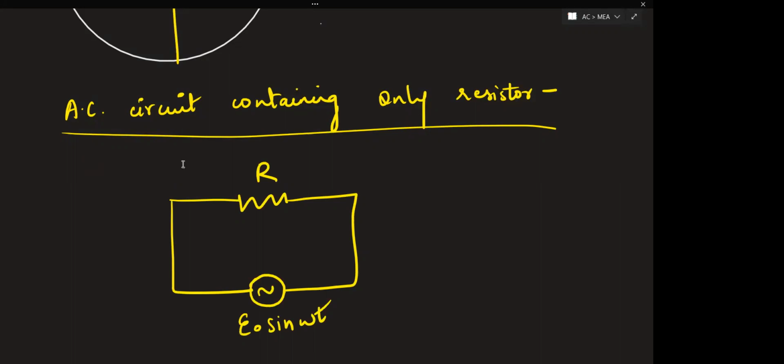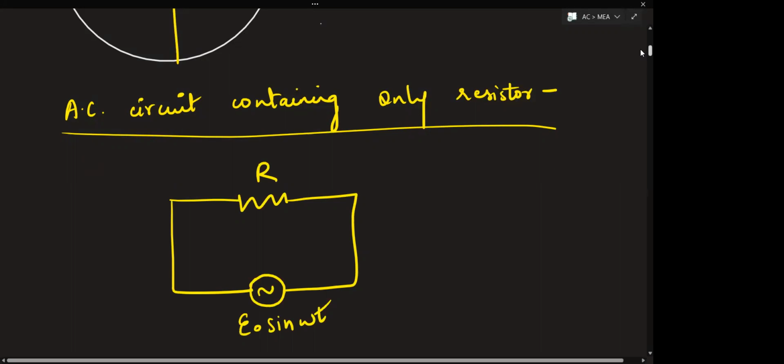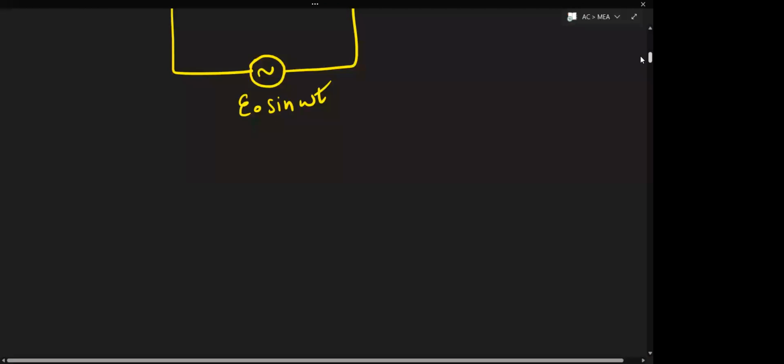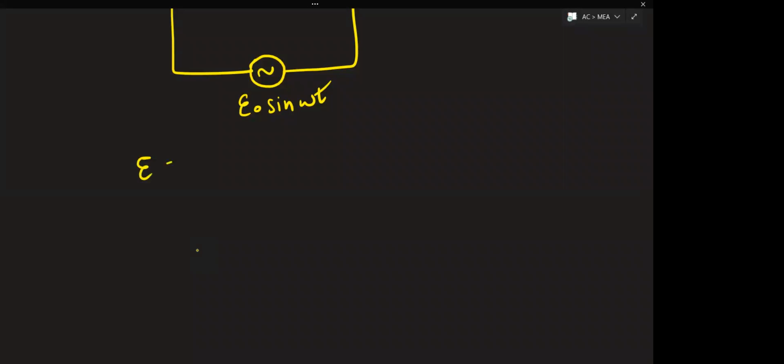So here E is equal to E naught sine omega t. Suppose a resistor of resistance capital R is connected to a source of alternating EMF, given by E naught sine omega t. And this circuit is known as a purely resistive circuit.